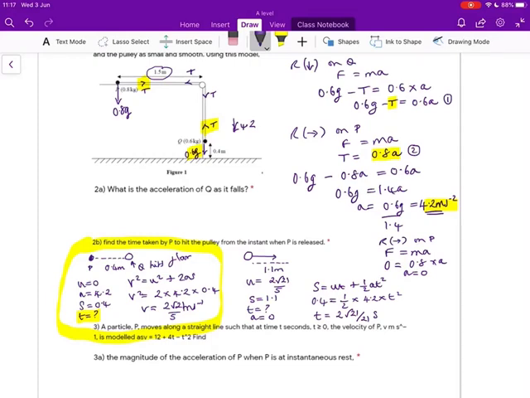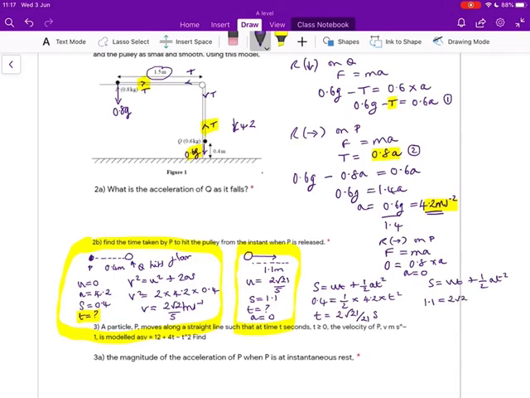If we continue with this one here now, trying to find this time for the remaining bit of the journey. So again, we use our s equals ut plus half at squared. So we're travelling a distance of 1.1.